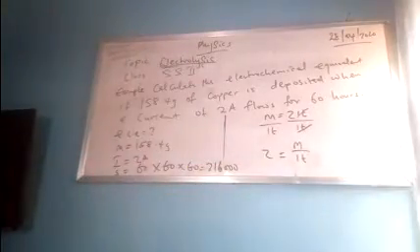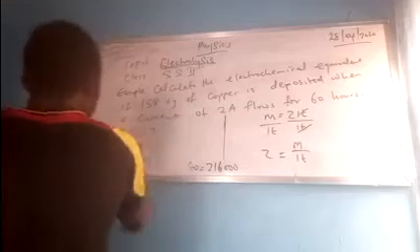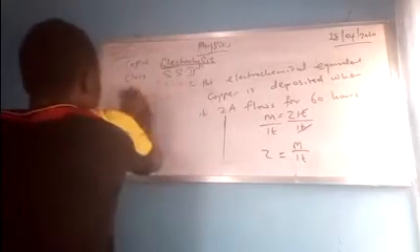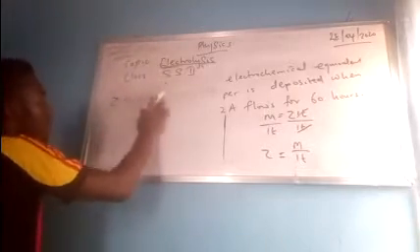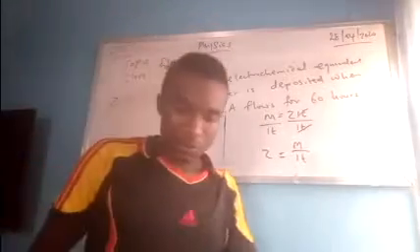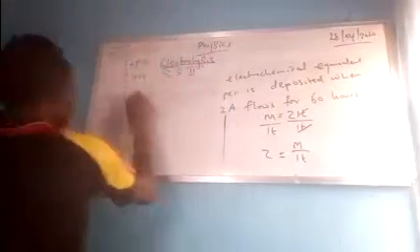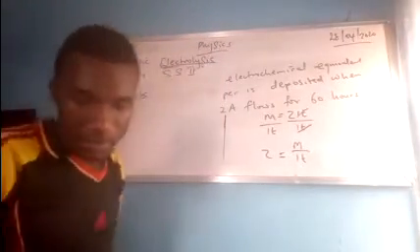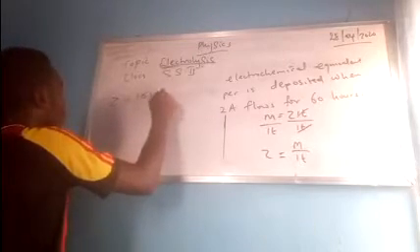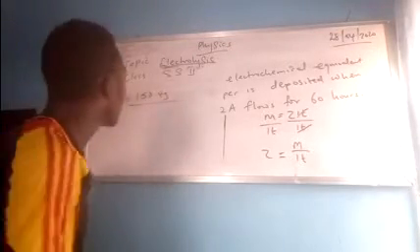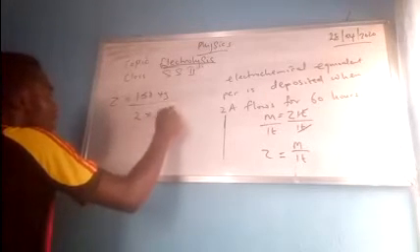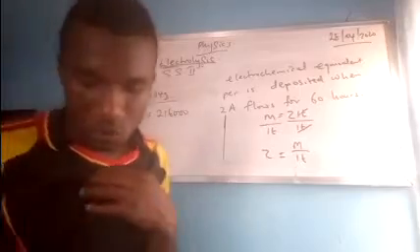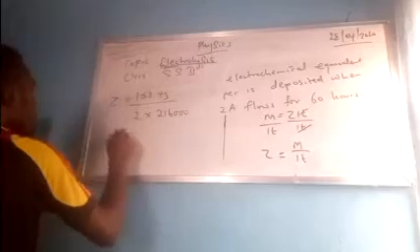Now, substituting the values: our M was given as 158.4 gram, all over our I, which is 2, multiplied by 216,000.